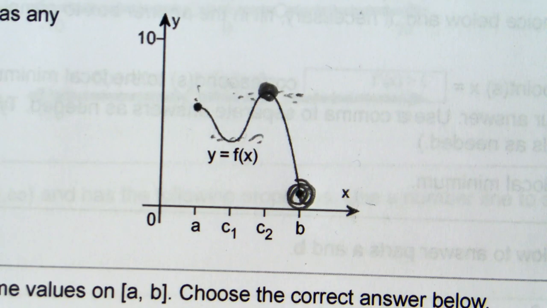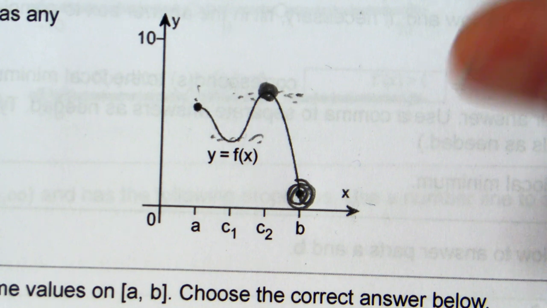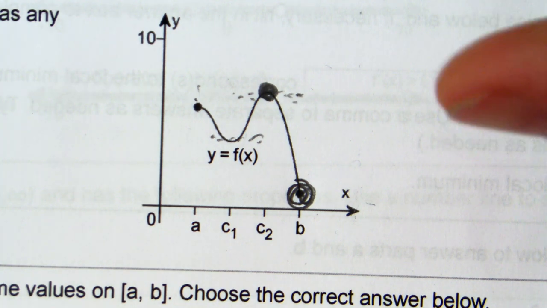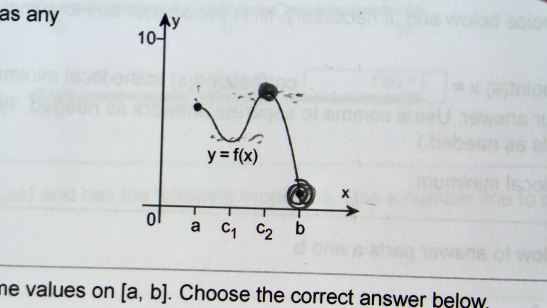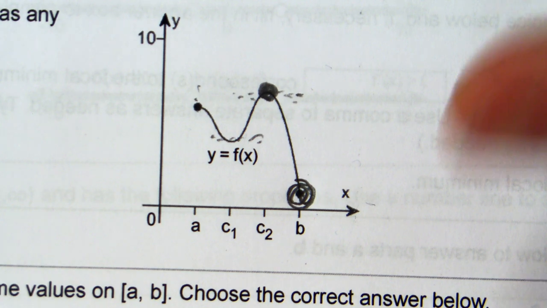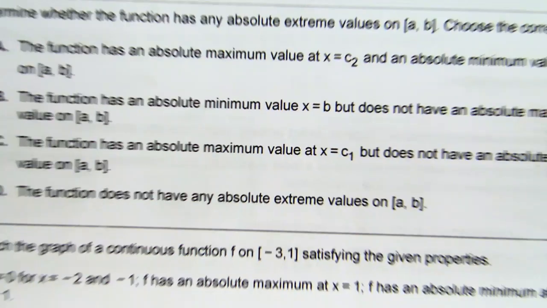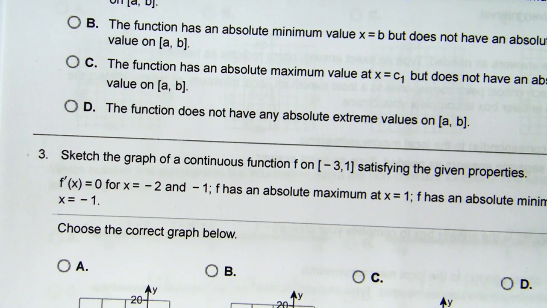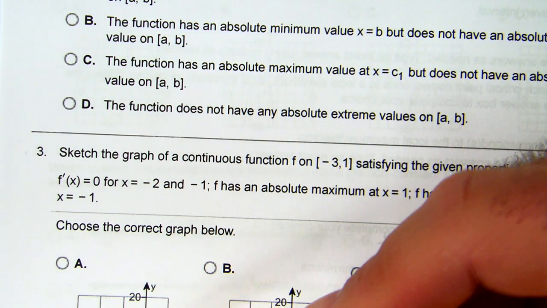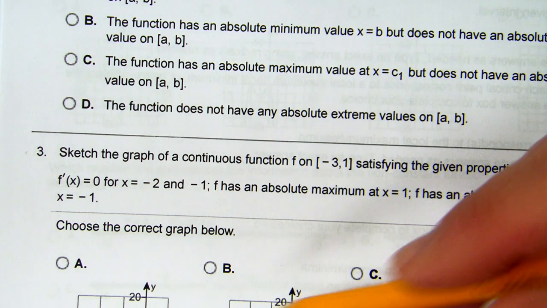2 is A. Number 3, sketch the graph of a continuous function, from -3 to 1 that satisfies the given properties. Zoom out a little bit here. Now this is one where probably having the multiple choice is really quite handy.